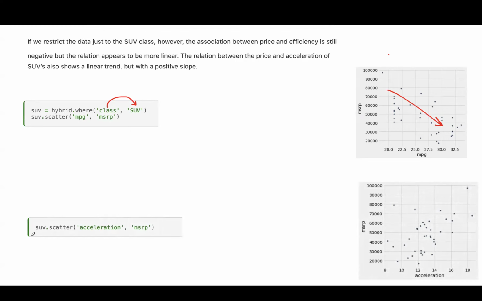Now for the SUV class, if we take a look at the scatter plot of acceleration and MSRP, even though we have noise here, we see an increasing trend.